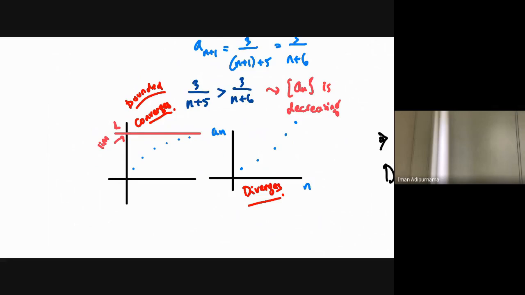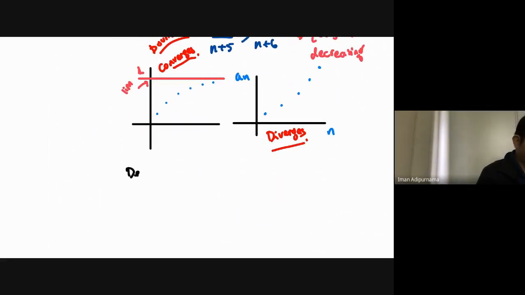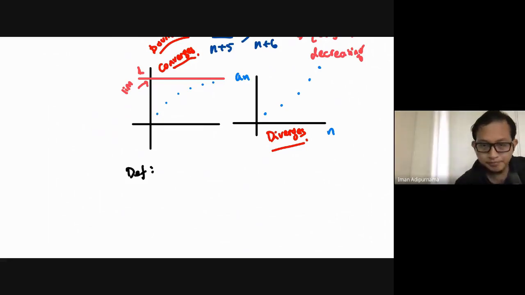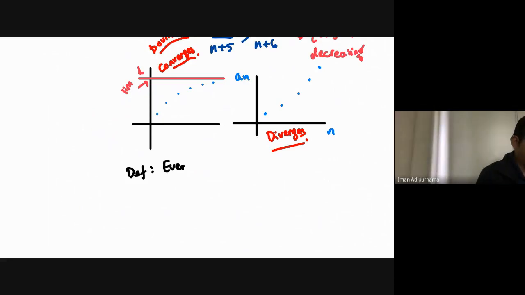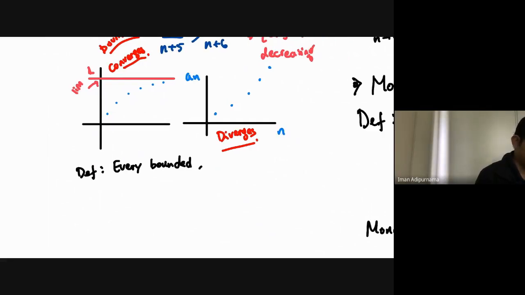So we can come up with a definition: every bounded monotonic sequence is convergent.